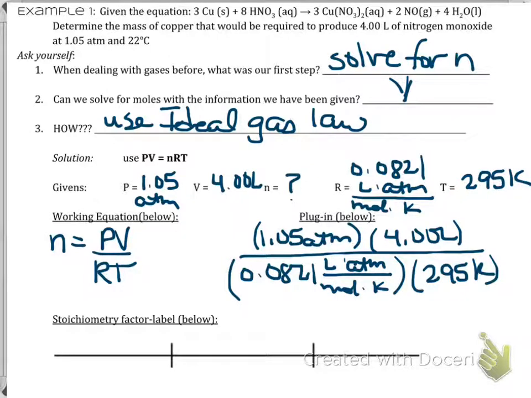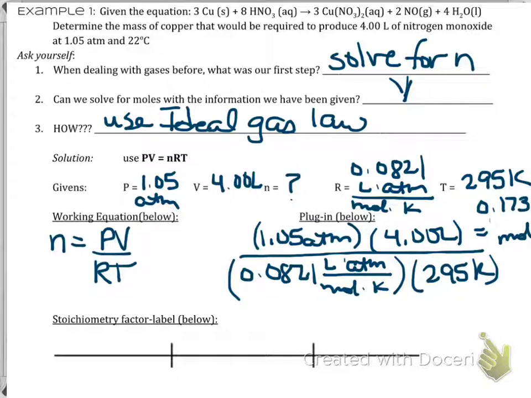That ends up being 0.17 moles of nitrogen monoxide. Actually, if I'm using appropriate sig figs, it's 0.173 moles. So that's my n. That's how many moles of nitrogen monoxide I have.